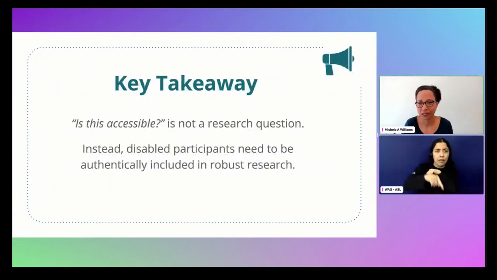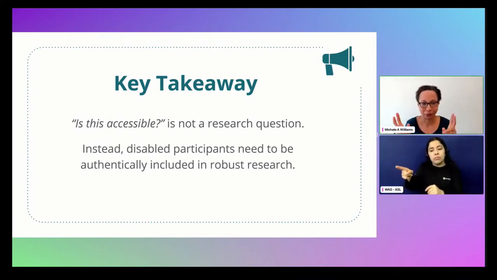So a key takeaway for this section about shifting left is that "is this accessible" is not a research question. That actually was an alternative title even for this presentation. Instead, disabled participants need to be authentically included in robust research.